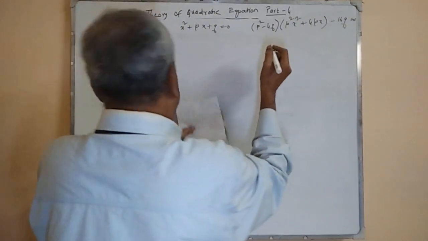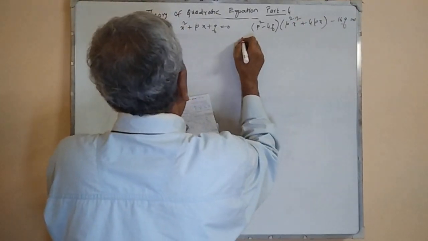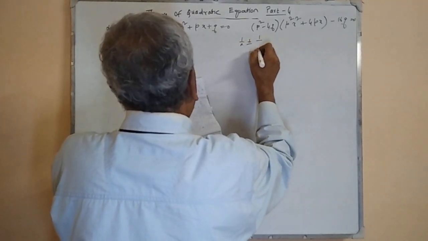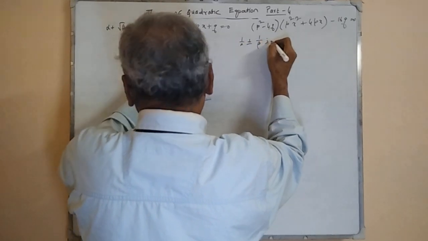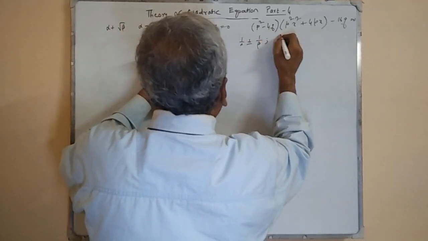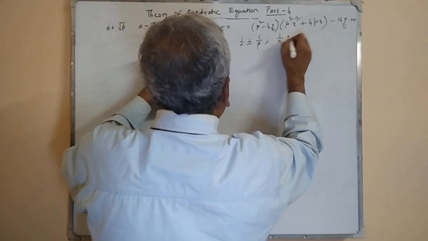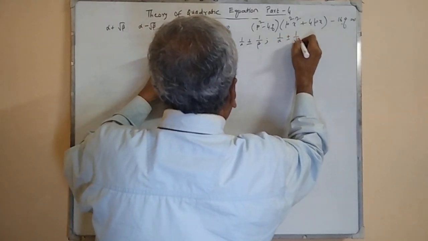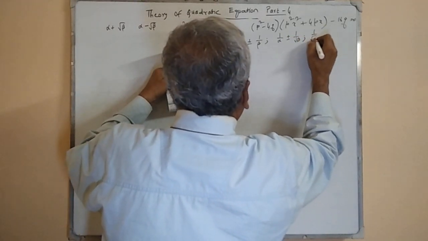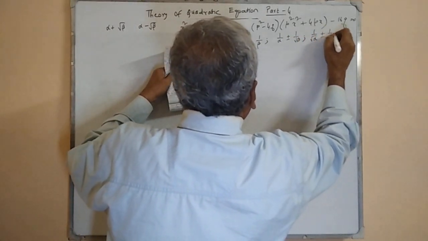Options are: 1 by alpha plus minus 1 by beta. Next option, 1 by alpha plus minus 1 by root beta. Third option, 1 by root alpha plus minus 1 by root beta.